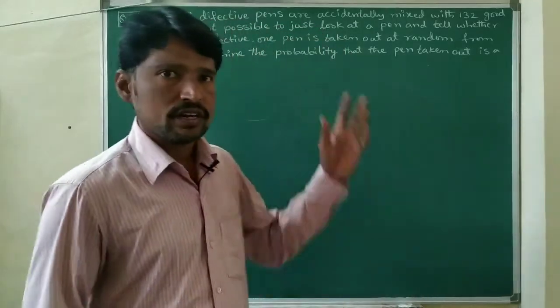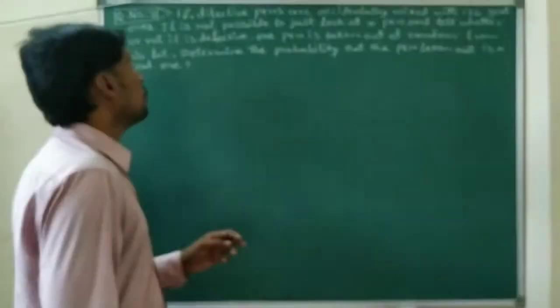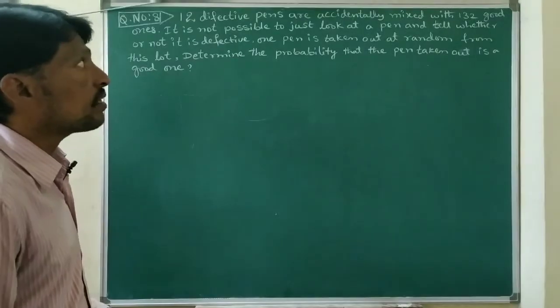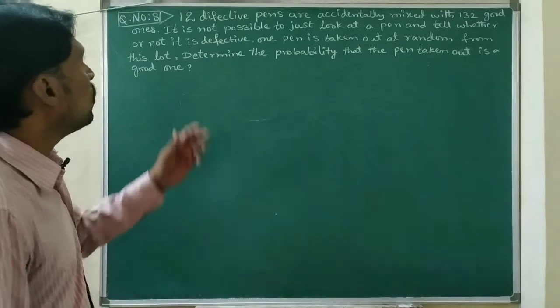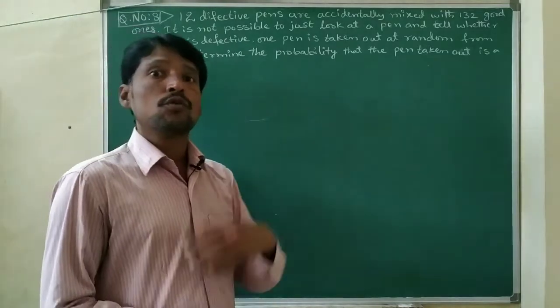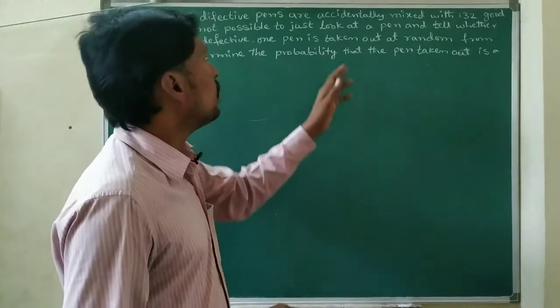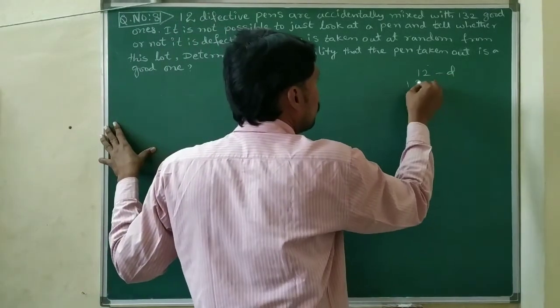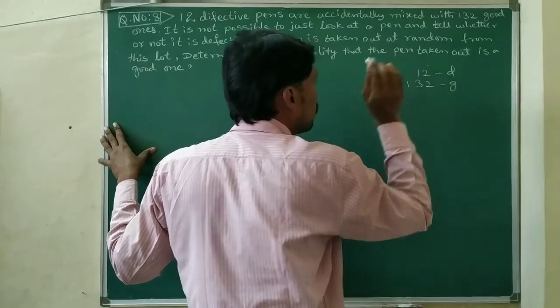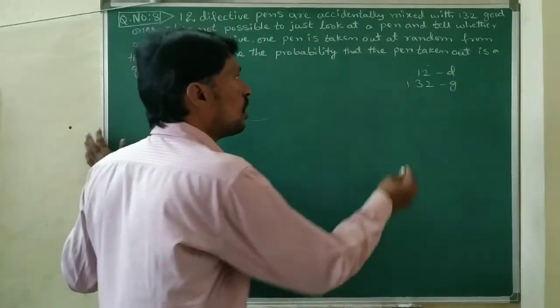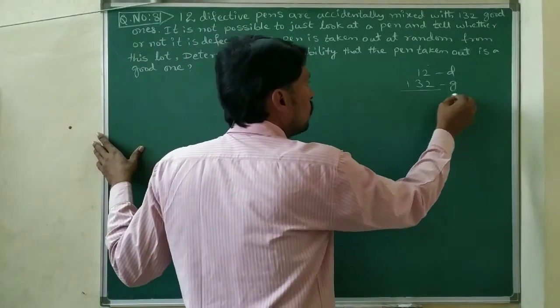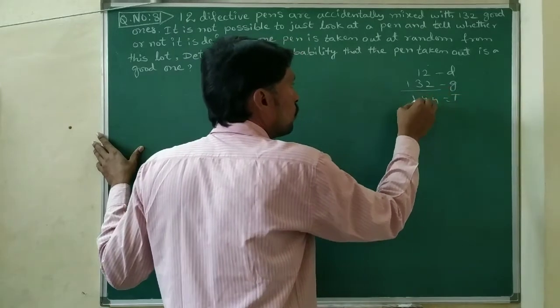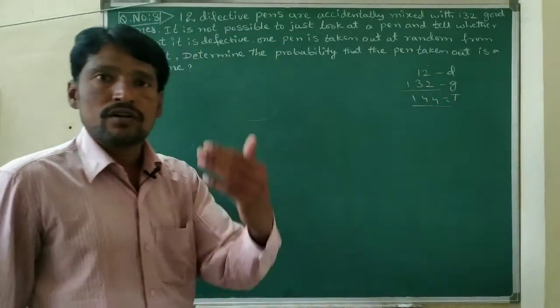What information is given in this problem? 12 defective pens are accidentally mixed with 132 good ones. So here 12 defective pens are there and 132 good, working pens. So how many total possibilities are we getting? We get 144 possibilities.